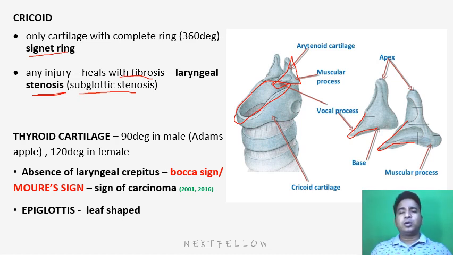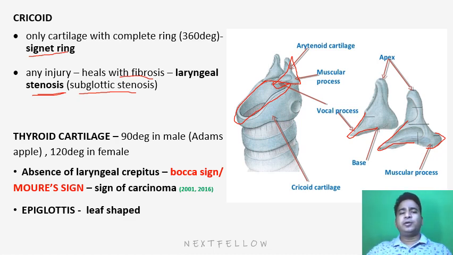So how does the true vocal cord form? The posterior one third of the true vocal cord is formed by the vocal process of the arytenoids. And you can see the arytenoid also has the muscular process, the apex and other facets for insertion of certain muscles that we will discuss in later slides.